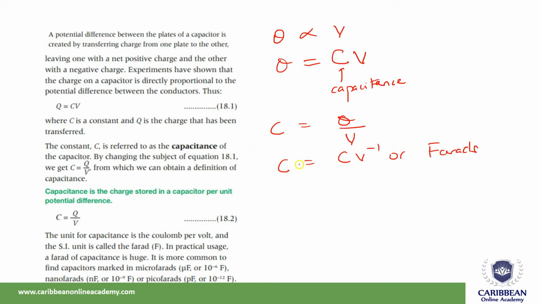So the units for capacitance is farads. You will hear us using that more often. But you can also realize that because charge is in coulombs and our potential difference is in volts, then you can also see why we say that C is Q divided by V, which is the same thing as saying coulombs per volt. All right?